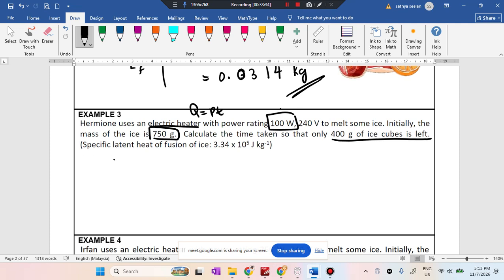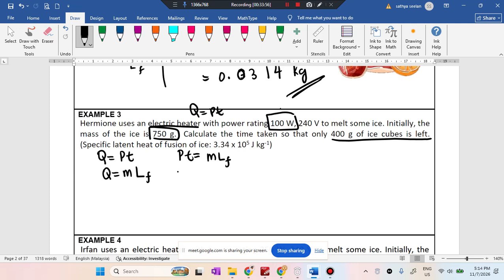Okay. Now, I know I need to use Q equal to PT. And Q is also equal to ML. Nah, bagi ini fusion lah. So, combining both equations, kita dapat PT equal to MLF.